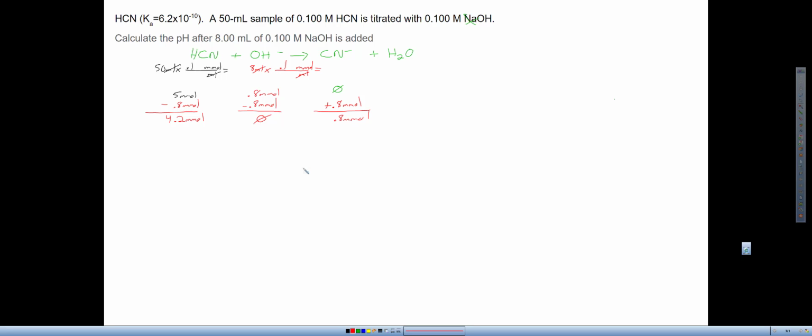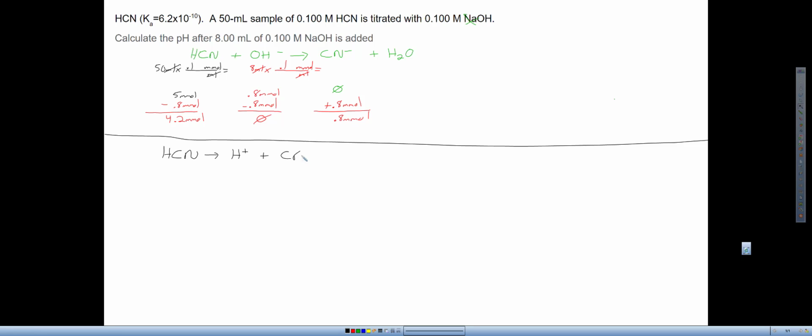Now the second thing, my second part is to do the dissociation. So my starting HCN is going to be this. Now here's where we have a difference, because before we were dealing with molarity, but I have this expressed as millimoles.